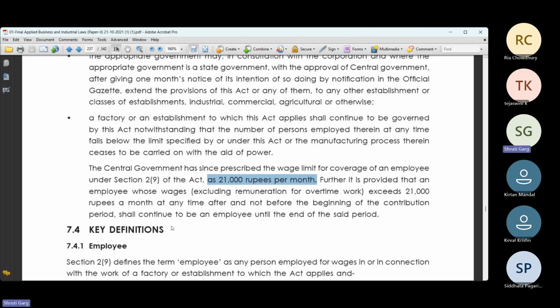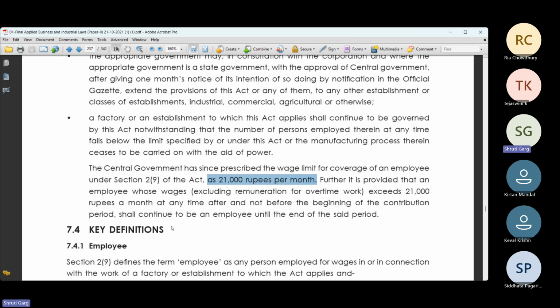If it exceeds rupees 21,000, then the employees will not be covered under the ESI coverage. Clear?